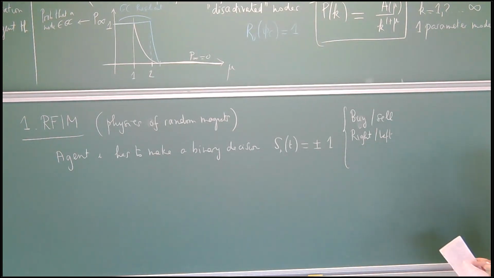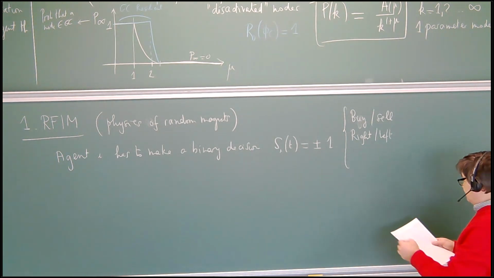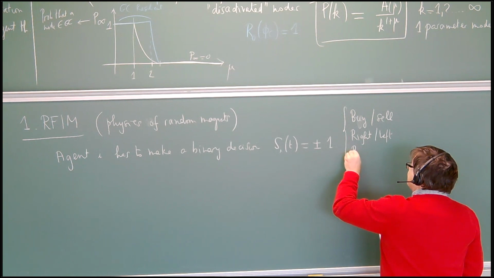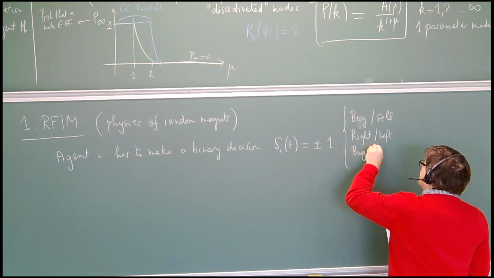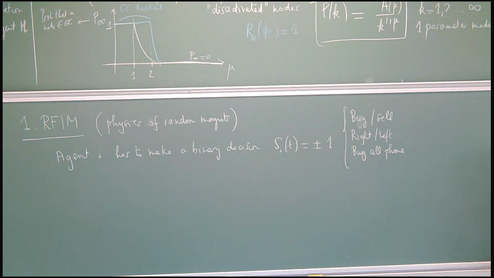I'm speaking about this because there is data on how cell phones in the 90s invaded the market. Of course, you're much too young to imagine a world without cell phones. But in the 90s, at first, it was not obvious at all that one should get a cell phone. There is data that I have analyzed myself on this problem, but you can imagine more generally buying a new technology.